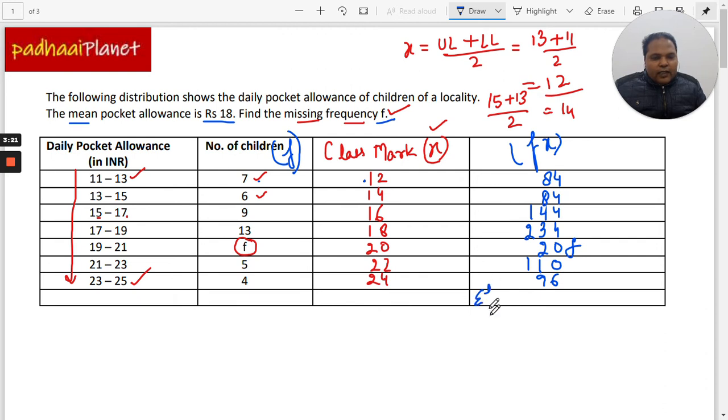If we add all of them, then we get sigma fx.